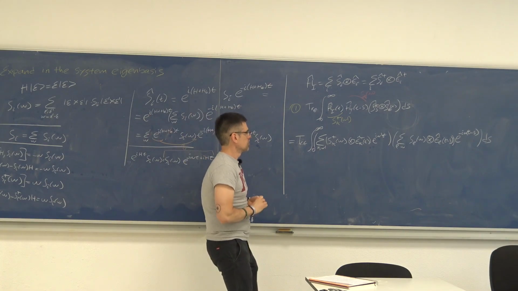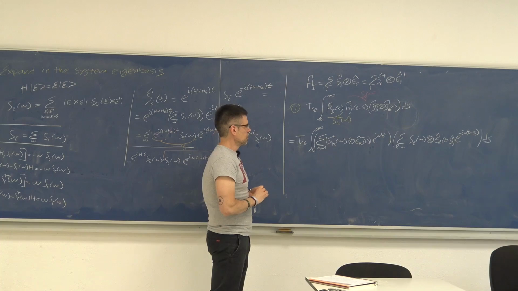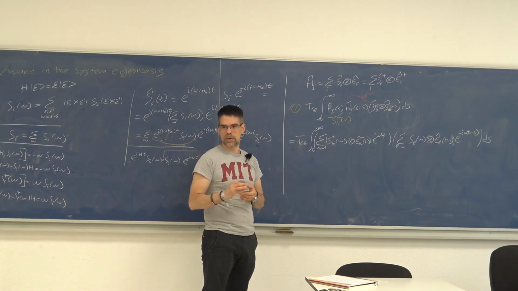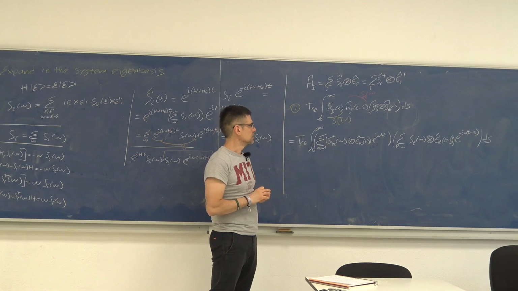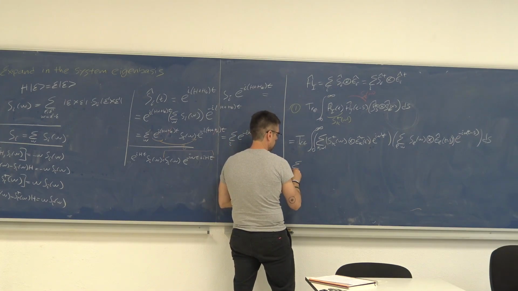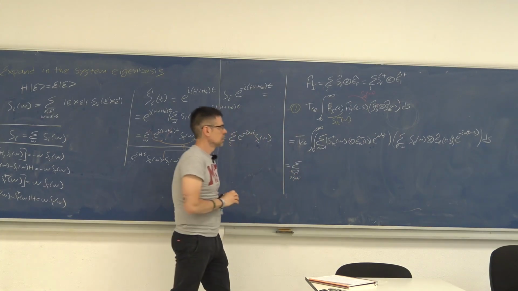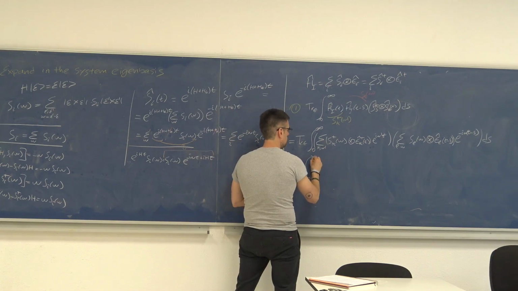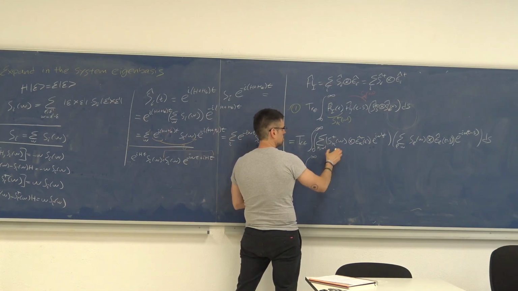What can we do now? Eventually what we want is to trace over it and to separate the system part from the environment part. And this is why we make this separation. So let's take the summation out. K, L, omega, omega prime. Integration between 0 and infinity of, let's now separate the part that belongs.